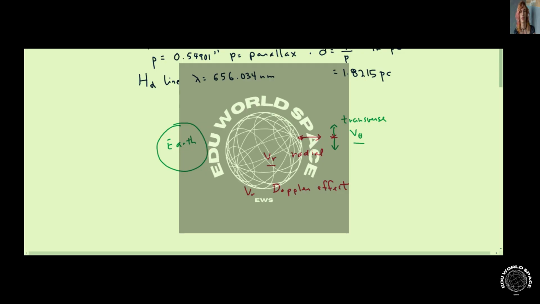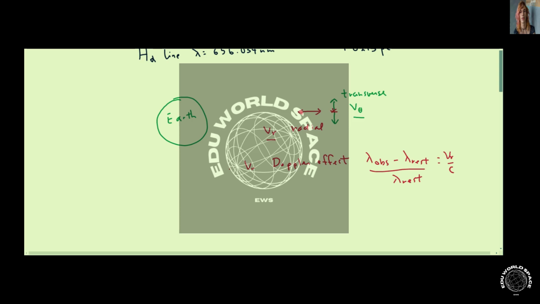The formula gives us the observed wavelength of the hydrogen alpha minus the wavelength that you would observe if the source was in a lab, so we'll call that lambda rest. That difference over the rest wavelength is the radial velocity divided by c. That's an approximation for low speeds. We don't expect Barnard's star to be moving relativistically.